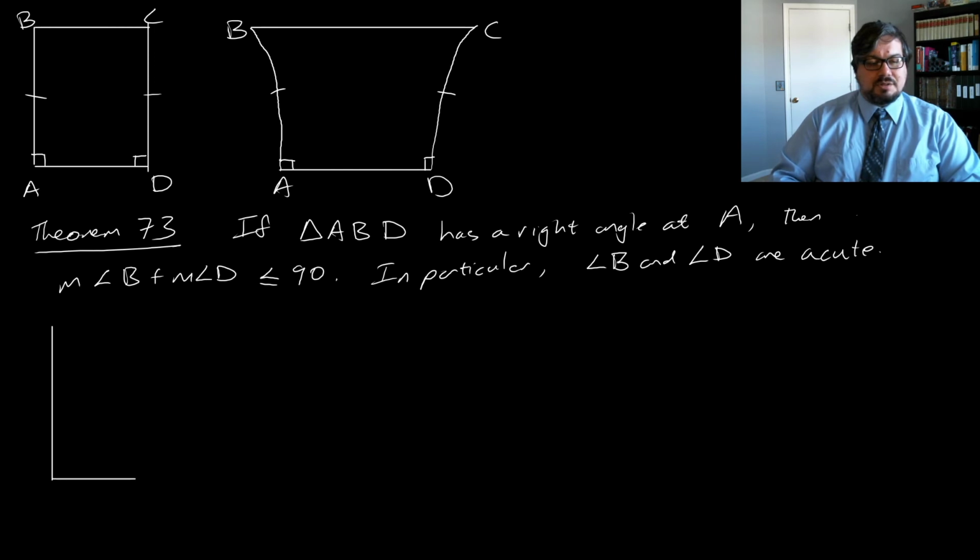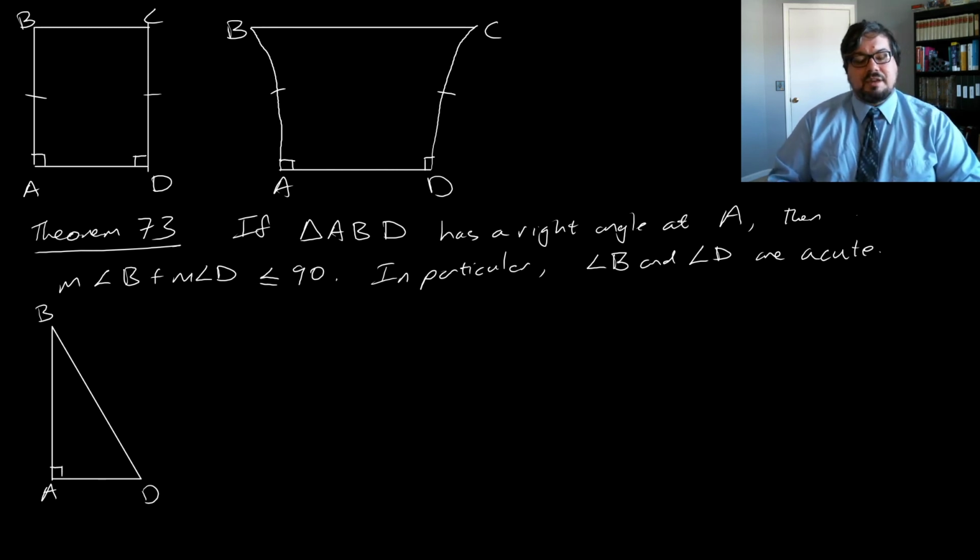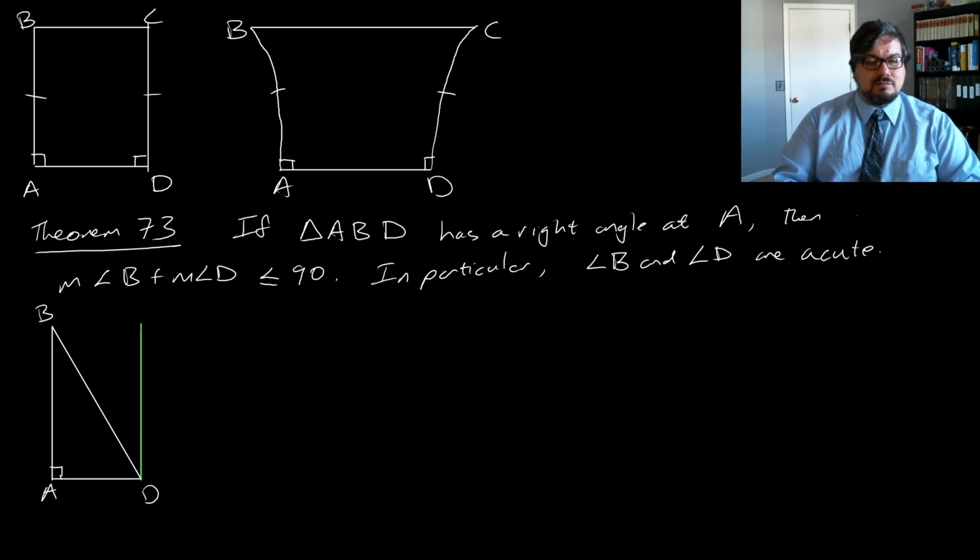So the way this works is we're going to start with a triangle ABD with a right angle at A, and we're trying to show that the sum of the two angles B and D is less than or equal to 90. So as the notation here suggests, what we're going to do is build a Saccheri quadrilateral out of this, and then use the results that we have on Saccheri quadrilaterals to help solve this.